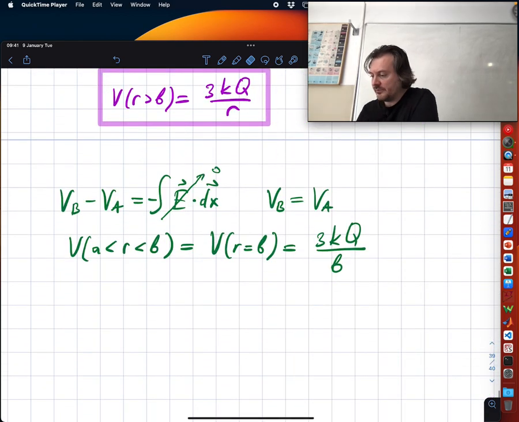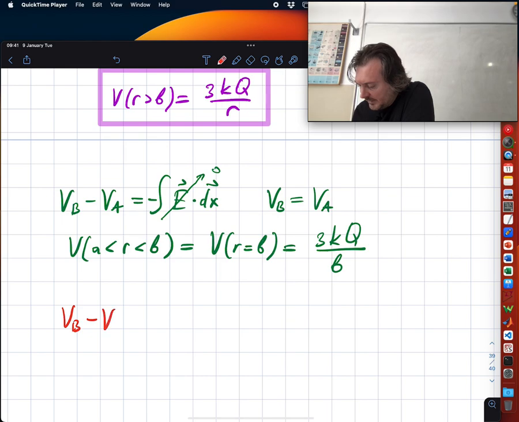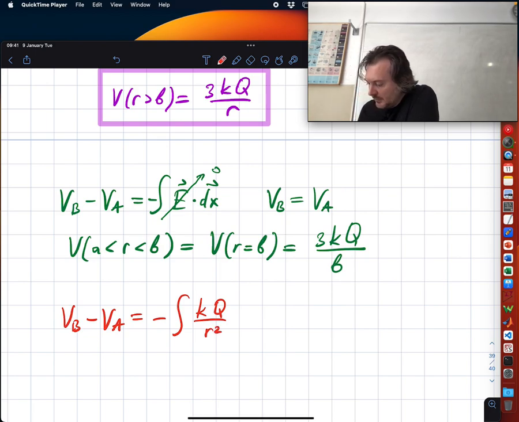So let's do the same formula again. VB minus VA, but this time negative integral of kq over x squared dx, going from r, which is inside, up to a.